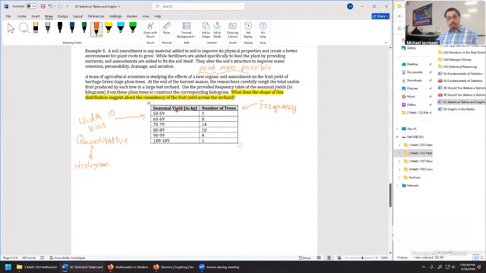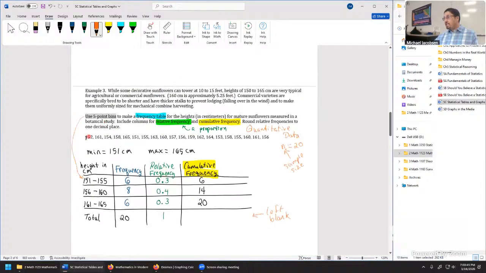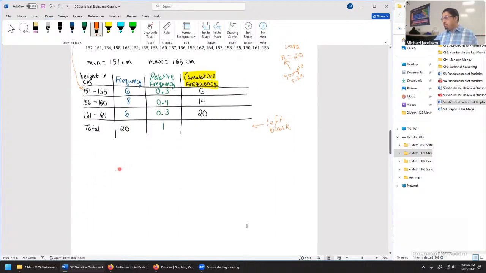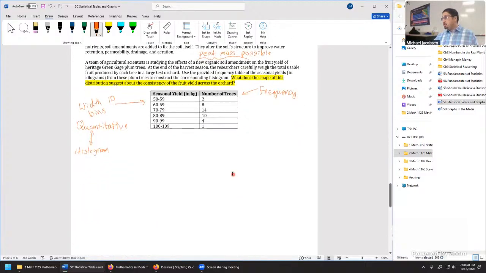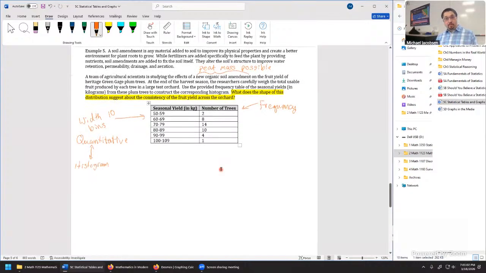So this is the quantitative variable here. And this right here is the binning of something along these lines. It's much like taking these numbers right here, which were heights in centimeters, dropping them into a bin just like this. We're just looking at one column, frequency rather than relative frequency. So that's this column right here, number of trees. And from this, we can now produce a histogram next. Well, any questions at all, folks, on the context so far?